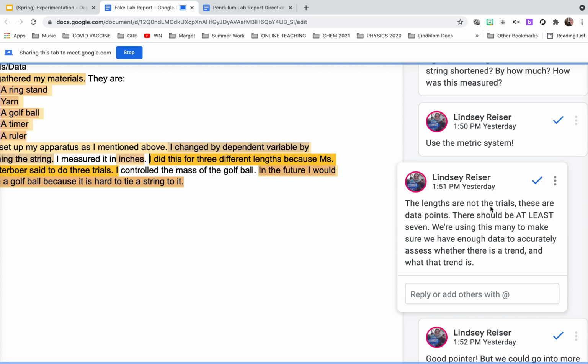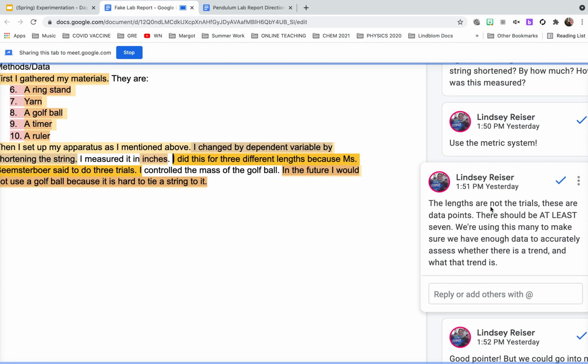We're using this many to make sure that we have enough data to accurately assess whether there is a trend and what that trend specifically is, okay? So you have to talk through that. As much as it may seem like, oh, this is something that, like, duh, that's why we did it, I don't know that you know that, okay? So the whole purpose of doing this is for you to validate to me that you understand the process of why we did this lab.